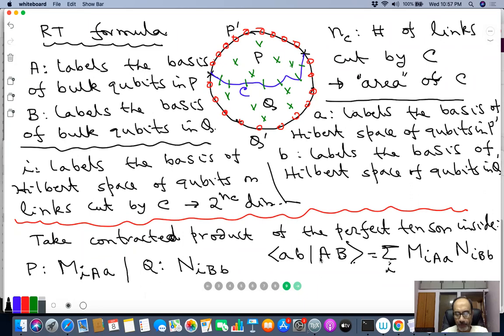Because this also, you remember, the way we define this inner product is just by taking the product of perfect tensors and assigning A and B as the indices lying here and A and B as the indices lying in the bulk. There we didn't try to complex conjugate any tensor, and the same procedure you are following here.